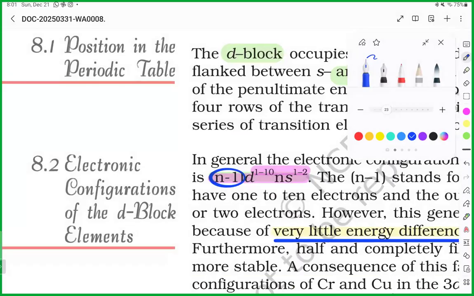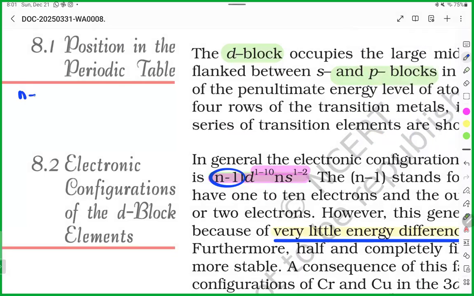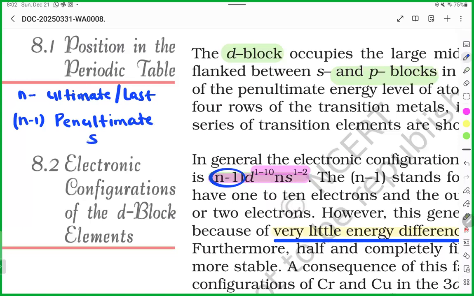See, if you take the last shell, n, then it is known as the ultimate shell. Yesterday we did this. n is known as the ultimate shell or last shell, or limiting shell. If you take the one just before that, it is known as penultimate. Just before the ultimate. So in this chapter, you will study that electrons of the d subshell enter into the penultimate shell.